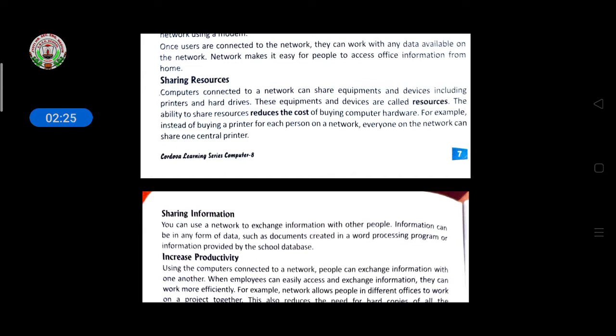If there is no network, you have to buy 5 printers also, if the computers are not connected with each other. But if the computers are in network mode, you only have to connect one printer to all the 5 computers, and it is easy to give the print command, and sequence wise it will give the printout.